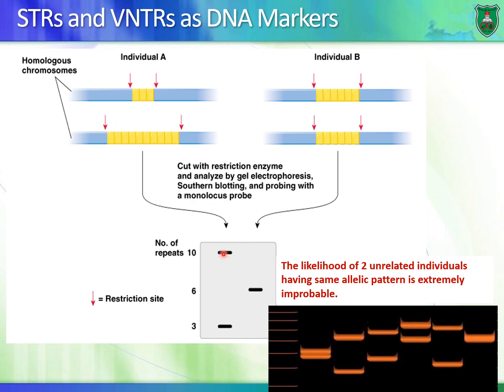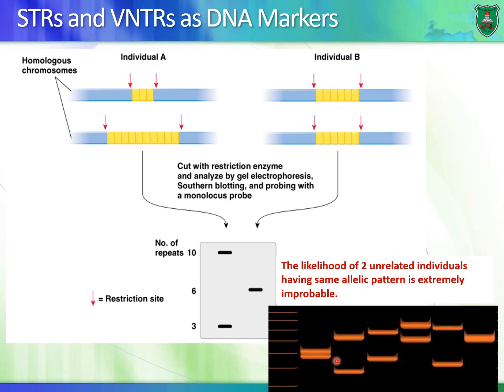So this is individual A. This repeat is the one that is repeated 10 times, and this is the one that is repeated 3 times. Now, in this individual, there's only one band if we do RFLP, or if we do PCR, and we'll talk about PCR later on, and there's only one band, which is the 6-times repeated VNTR.